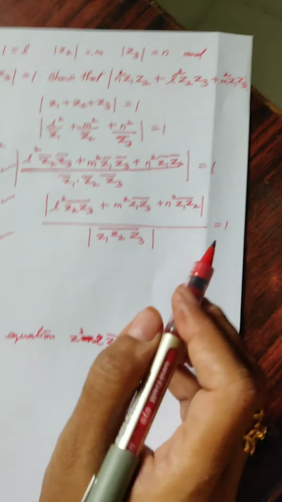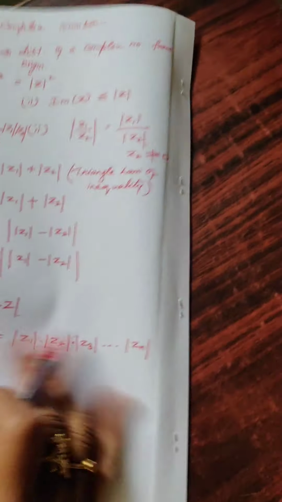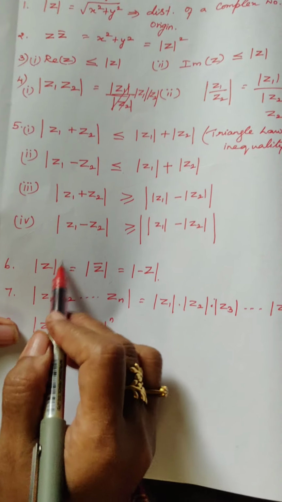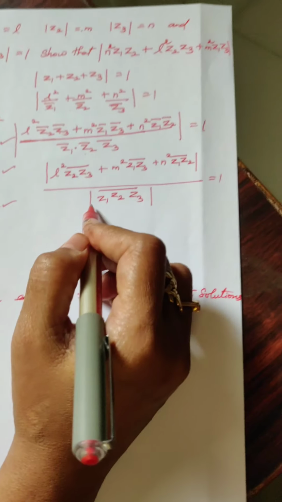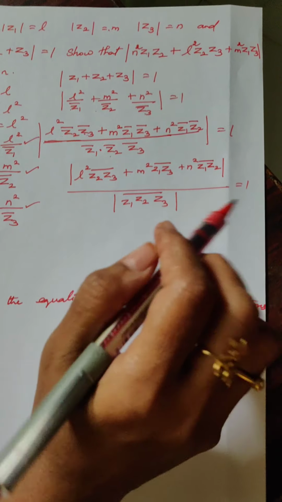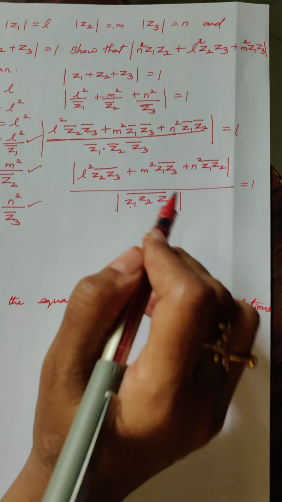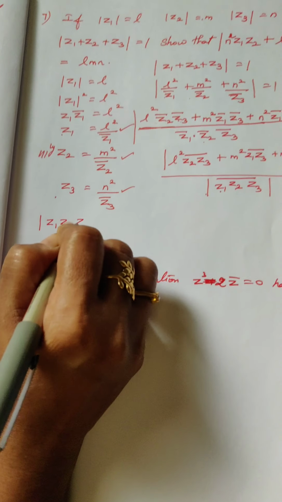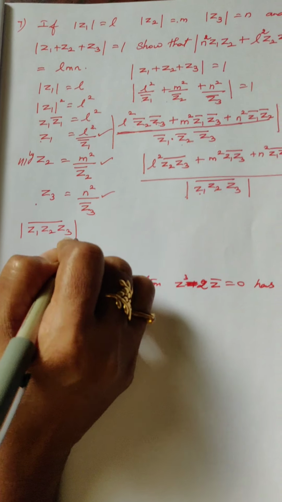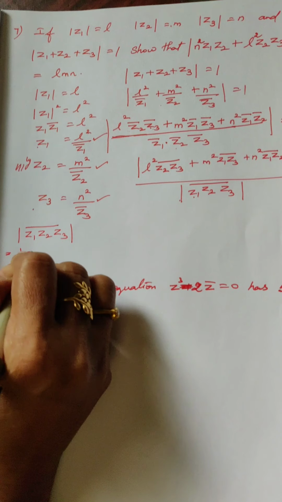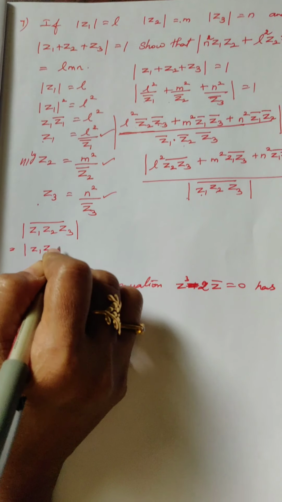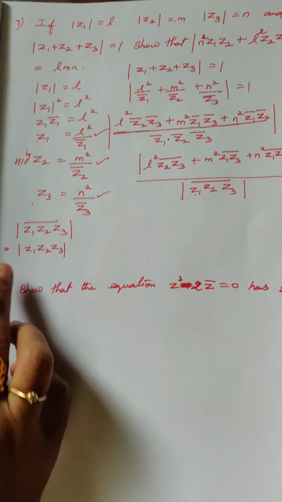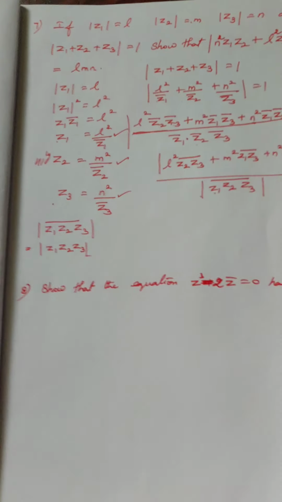Already you know that modulus of z bar is equal to modulus of z. So modulus of this full part equal to modulus of z1 z2 z3. Is it clear now? Modulus of z1 z2 z3 the whole bar equal to modulus of z1 z2 z3. You again using the product of the complex numbers modulus.